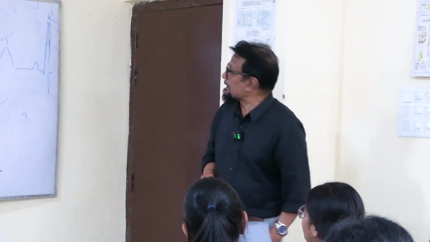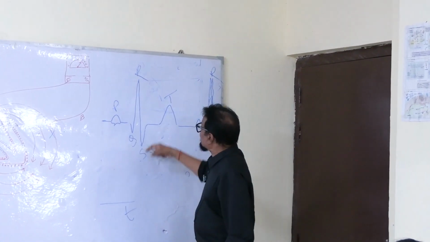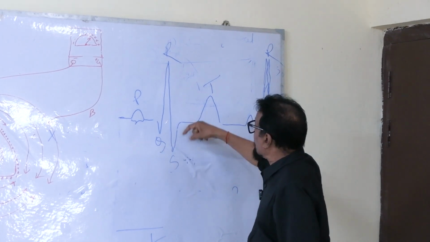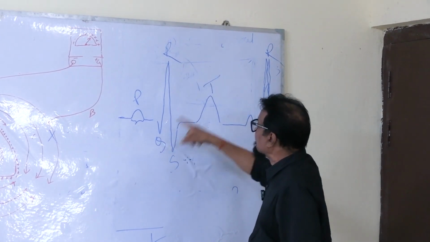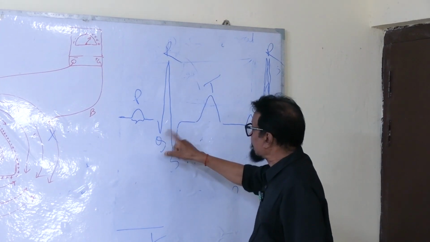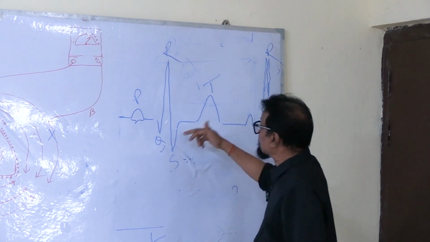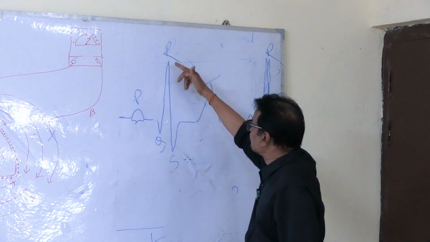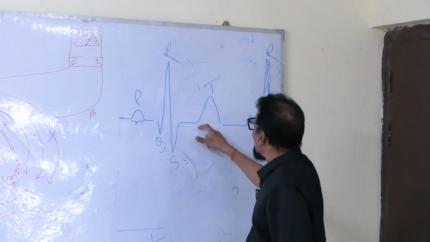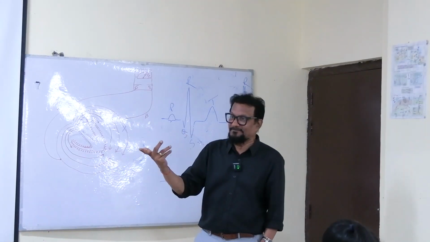So QT interval, what does it mean? This is ventricular depolarization. When the ventricle is totally depolarized, then it will produce Q, R and S wave. Q is represented by septal depolarization. Depolarization of the septum. And this part is ventricular depolarization, and T represents the ventricular repolarization.